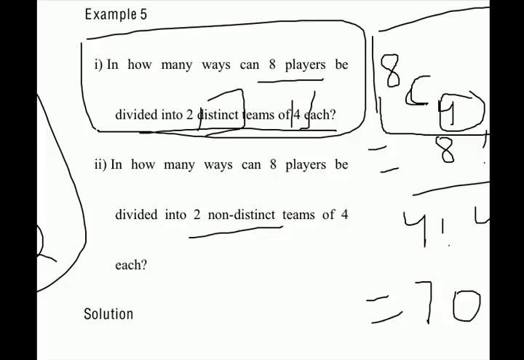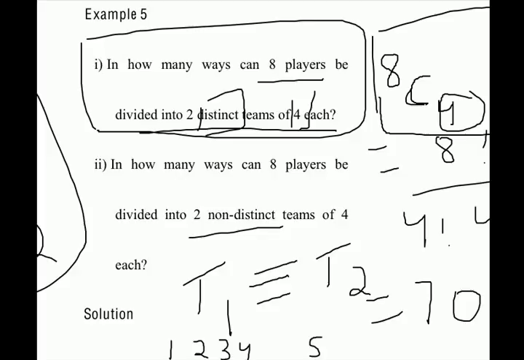Now looking at the second part of this problem, here they're saying that the teams are non-distinct. So basically T1 is exactly equal to T2. Now, say T1 has players 1, 2, 3 and 4, and team 2 has players 5, 6, 7 and 8.